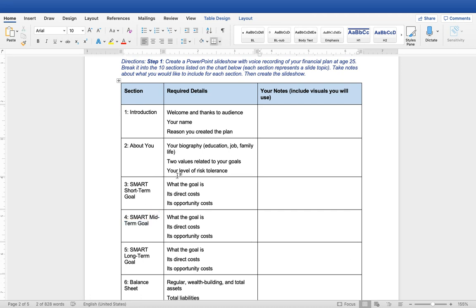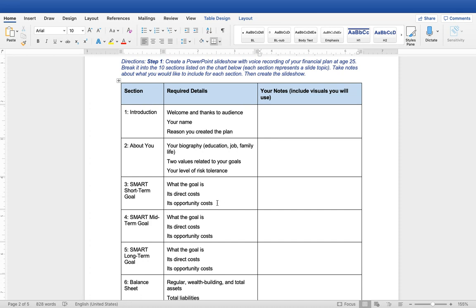Okay, so for each goal, you will state what your goal is, and again, SMART, containing all the characteristics of a SMART goal. You must specify its direct cost, meaning how much do you need to get the goal? So this will be the dollar amount.